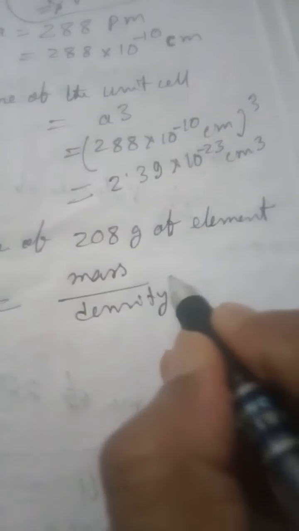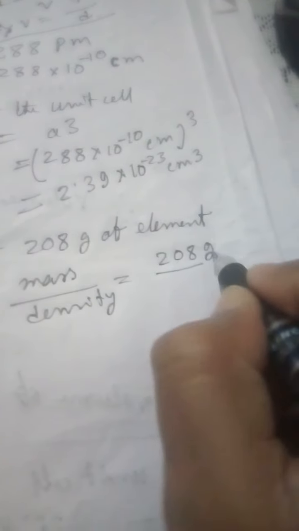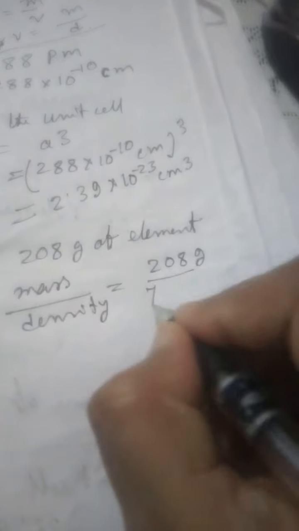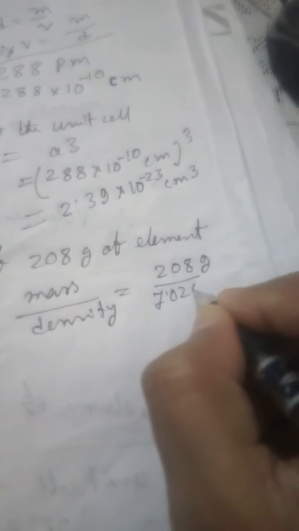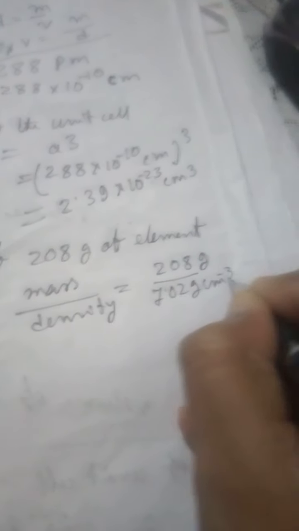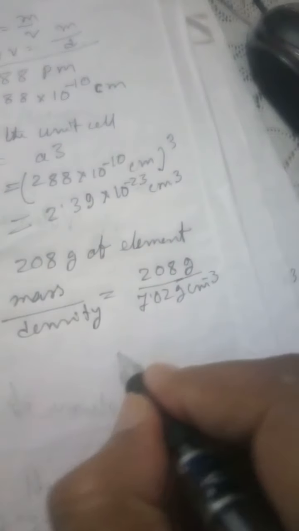Mass is 208 gram and density is 7.2 gram per centimeter cube.